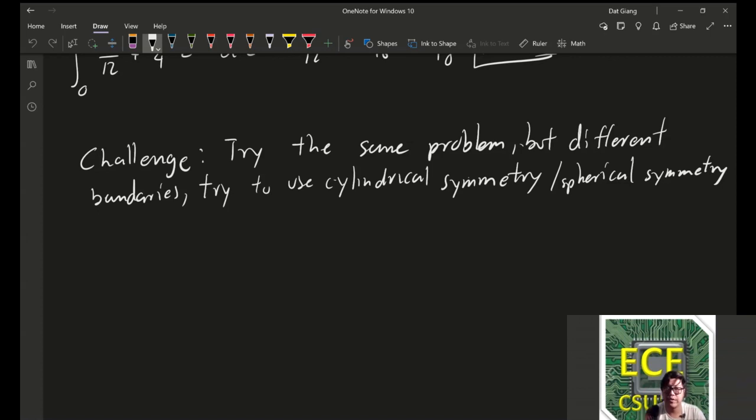Use spherical symmetry, and maybe reason why you can or can't use it. I hope that this example at least shows how we can carry out the multivariable integration process and how, similar to partial derivatives, we care only about one parameter at a time.